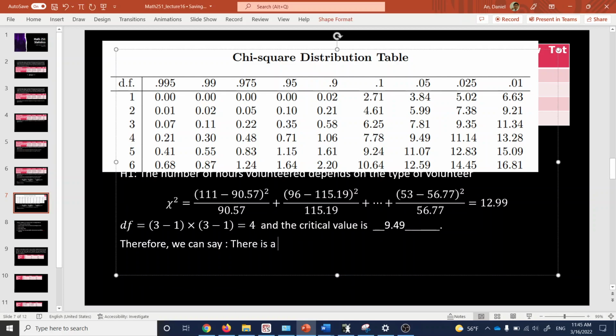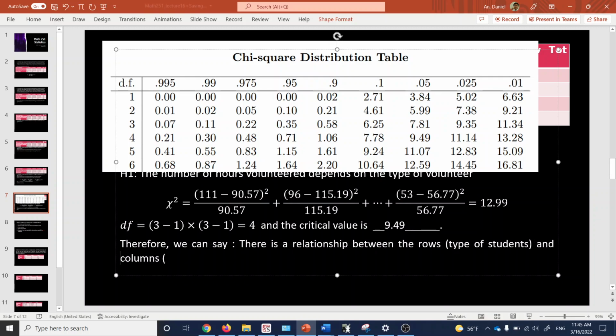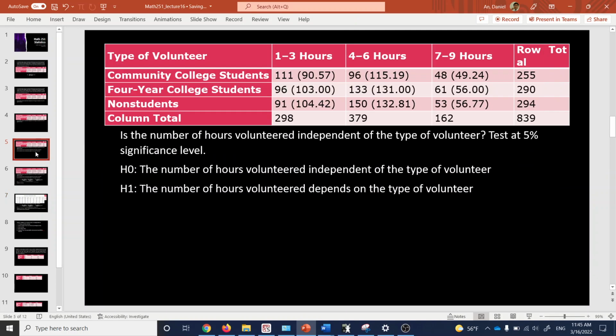There is a relationship between the rows, type of volunteer, and columns, which is the amount of hours volunteered. Yeah. So maybe I should have said that as well here.